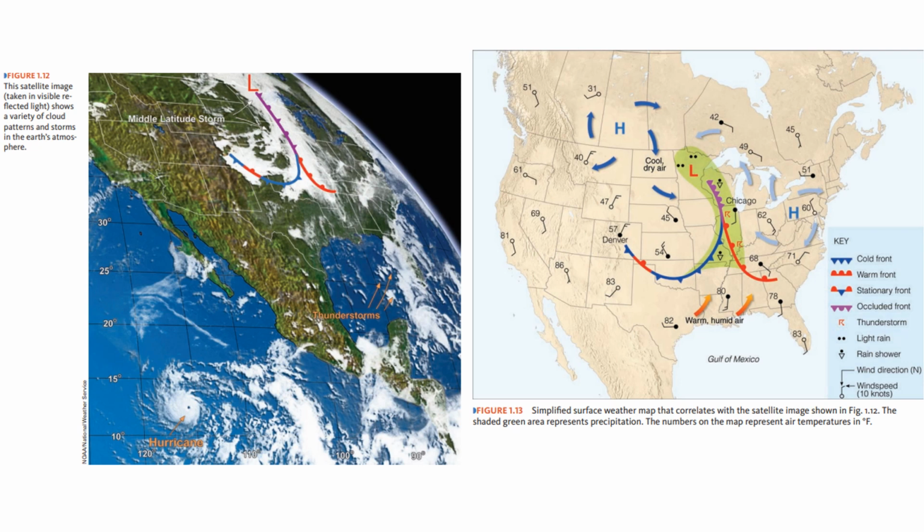And we have this key, which represents the cold front in blue inverted triangles, and the warm front in red small hills. And we also have stationary front, occluded front, thunderstorm, light rain, rain shower, wind direction, and wind speed.